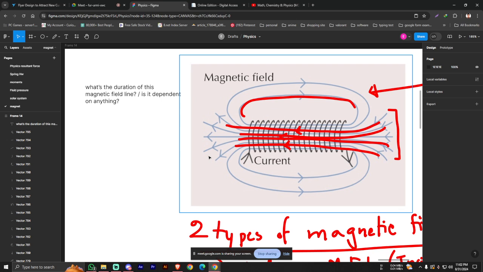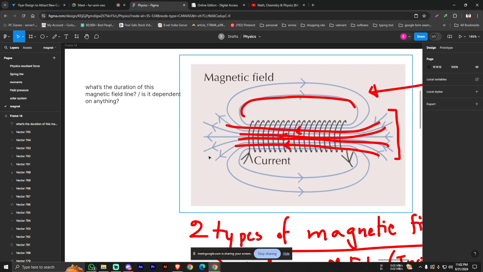It's dependent on the current, of course. Remember, it's dependent on the current, because if current is not present, no magnetic field will be created. In a wire, how is the magnetic field created? Because of the moving current, right?